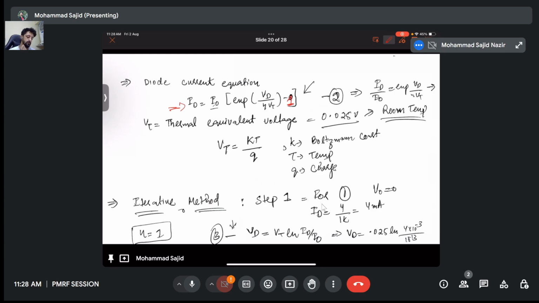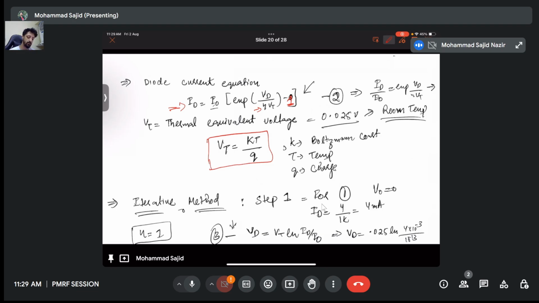The thermal voltage is kT by q, where k is the Boltzmann constant, T is temperature, and q is charge. What we assume here is that the diode is on and VD is large enough such that exponential of VD by n VT is greater than 1 and n is 1, so we can ignore the minus 1.